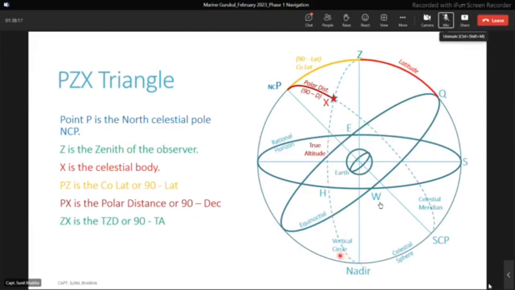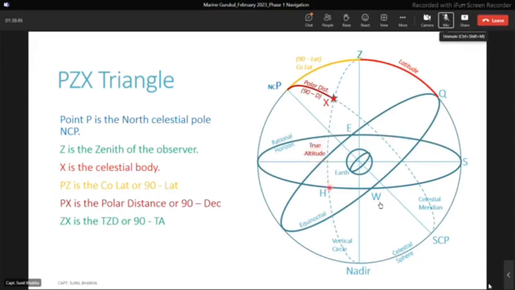We just saw that the arc of the vertical circle contained between the rational horizon and the center of the body, that is H to X, is the true altitude. You see it is still marked in this diagram.